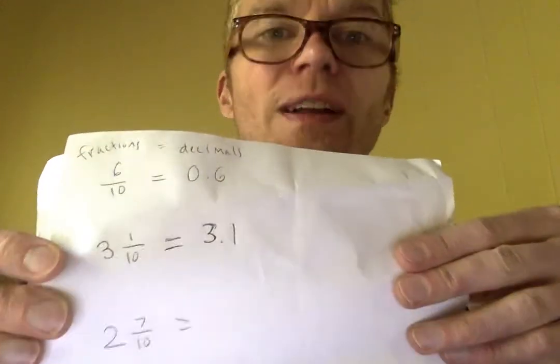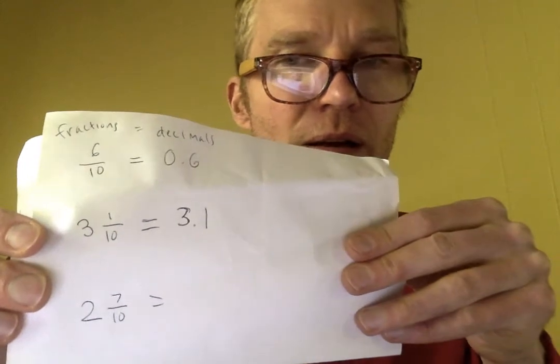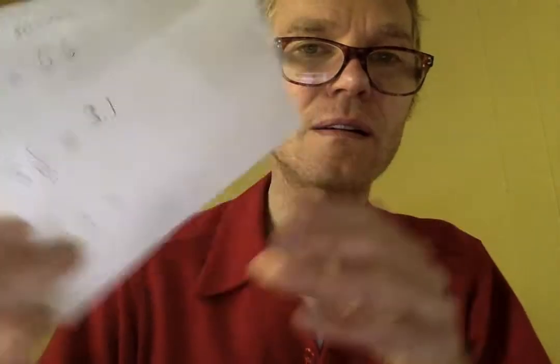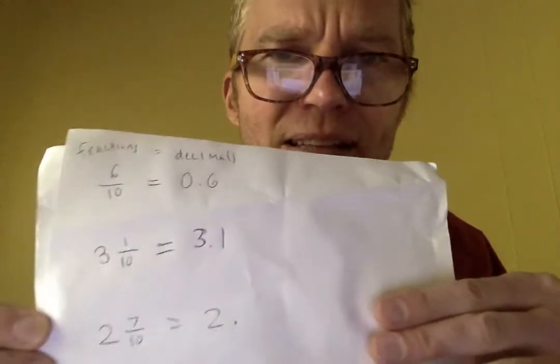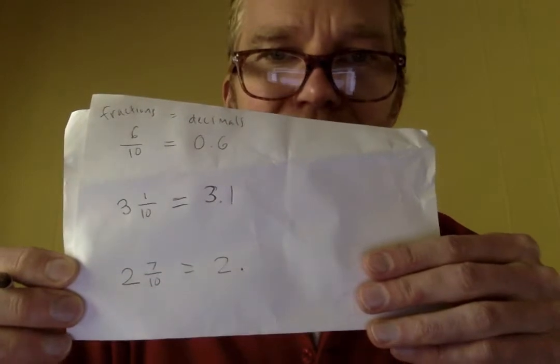Here comes the next one. 2 7/10. What's that going to look like in decimals? Well, what's in the 1 spot? 2. Nice. But 2 point what? There's more than 2, right? There's 2 point something. How many tenths do we have? You got 7.